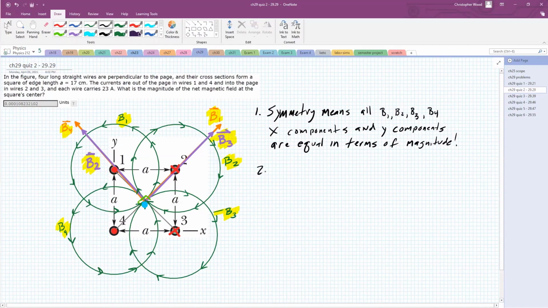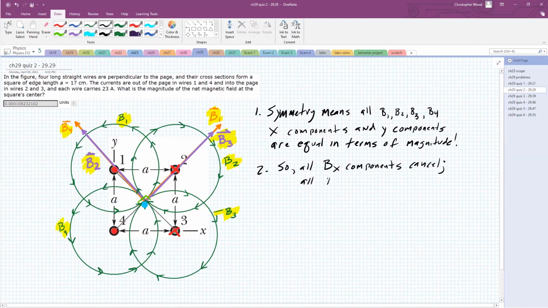So all BX components cancel. So that's quite the whittling down of complexity. All BX components cancel, destructively interfere.